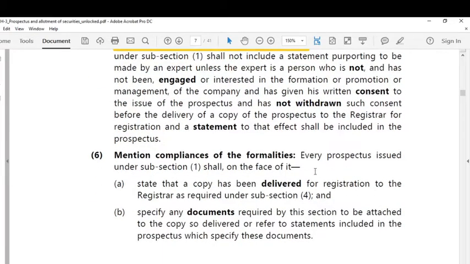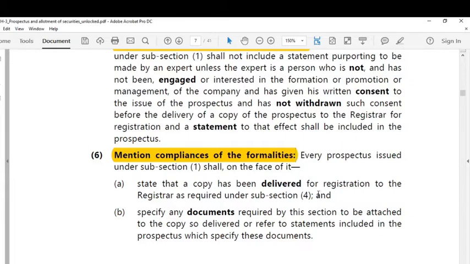So these are certain related concepts while issuing a prospectus by a corporate entity. And the company should also mention certain compliances and formalities before publishing the prospectus.